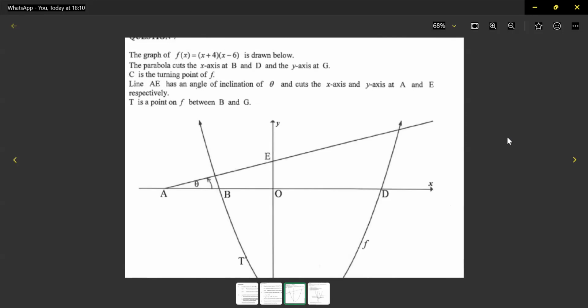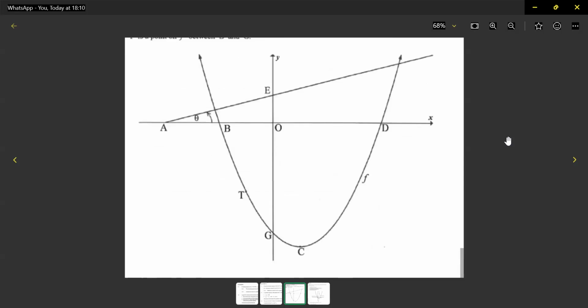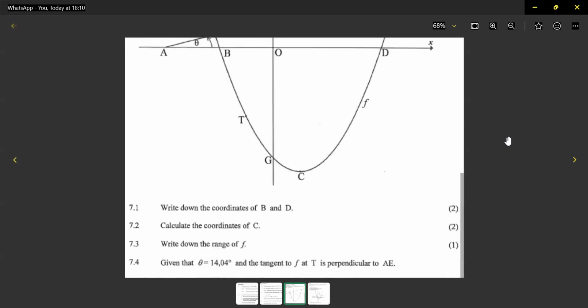When you're doing grade 11, you learned two ways. And now in grade 12, we added another way. So you used to use the equation x equals negative b over 2a, or you completed the square. But now here you understand you can also differentiate your function. So let's go ahead and find the coordinates of the point C.